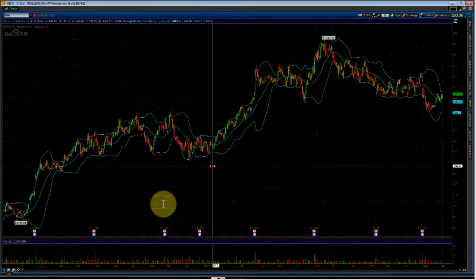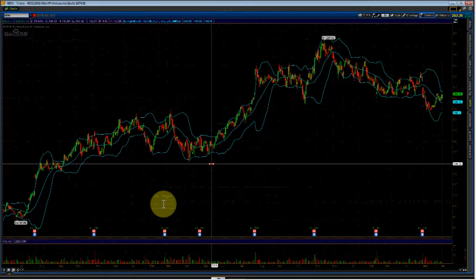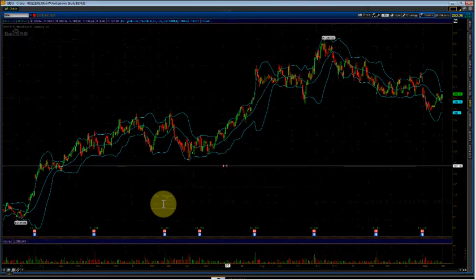Now, if I'm going to use the center line in my trading, what do you think is an important thing for me to add to my plan for trading if I'm going to use this particular indicator on this particular stock? Think about it.